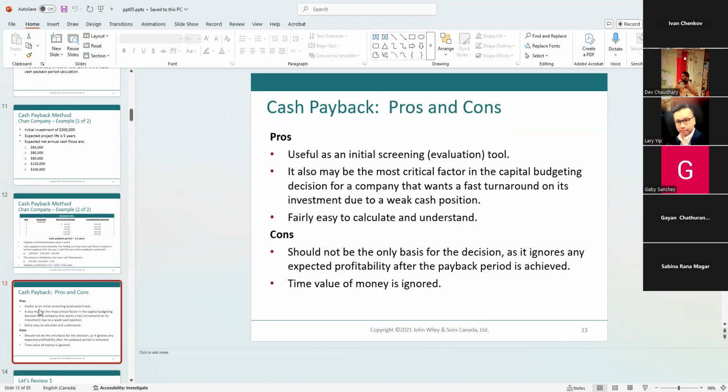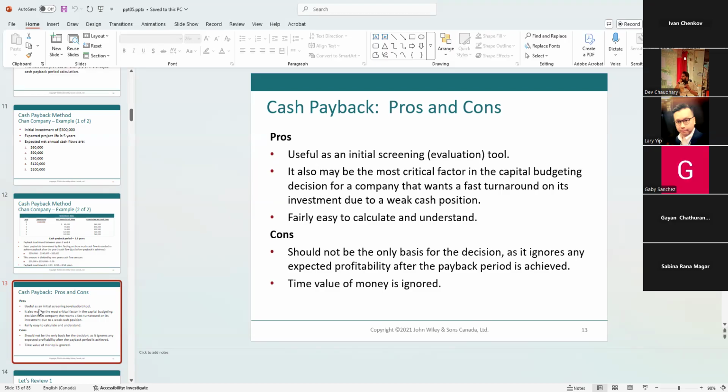Which are the positives of using this method? Which are the negatives? The positive is that it's useful as an initial screening tool. It's fairly easy to calculate and understand. It can also be the most critical factor in capital decisions since it's easy for people to understand how long it takes to recover their cash, since cash is a more sensitive thing.